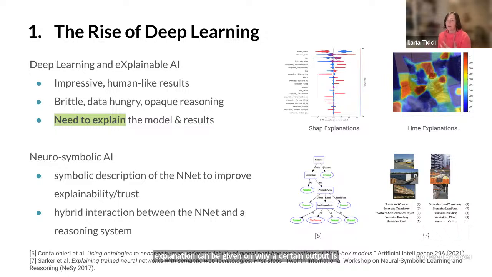So this need of explaining the models and the results really came out, and we started seeing methods like SHAP and LIME, which are probably the most basic ones, and then there's a number of other systems that came out afterwards that could tell you the most important features to come up with an explanation in your data set, like maybe the race or the occupation of your data. Or we started seeing saliency maps with image recognition.